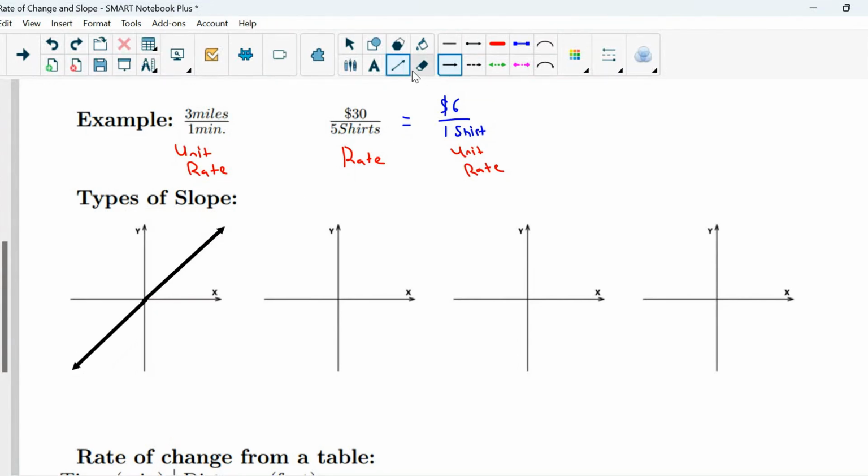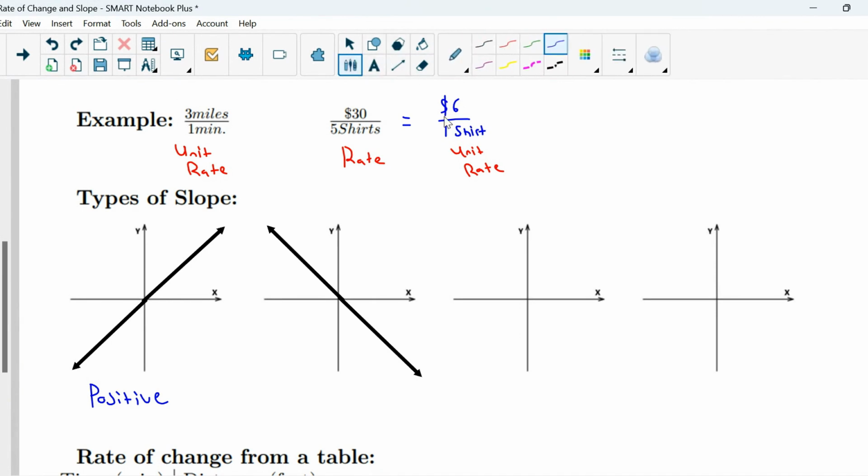When your slope is moving up, or moving uphill, we call that a positive slope. Conversely, when we are looking at a slope that is trending downhill, we call this a negative slope.